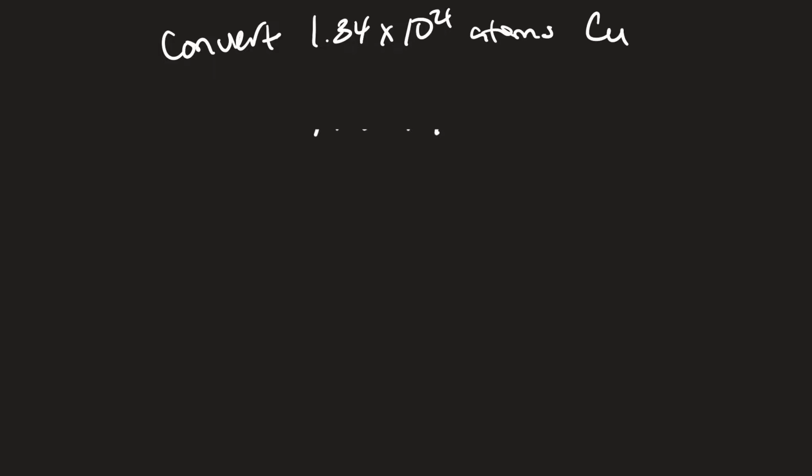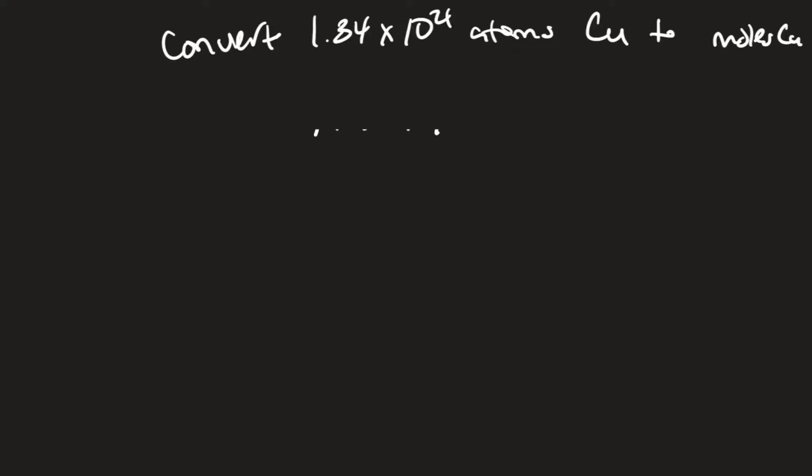Okay? All right, let's try a different example. So let's just say we want to convert 1.34 times 10 to the 21 atoms of copper to moles of copper. Okay, this is what we want to do. So essentially, if you pay attention, look at the units.